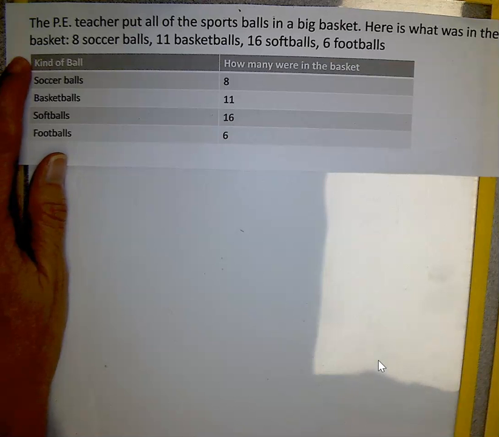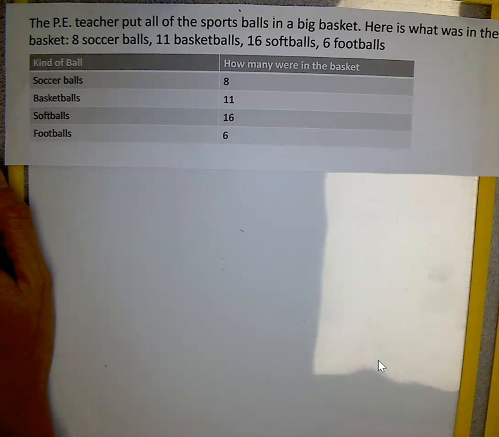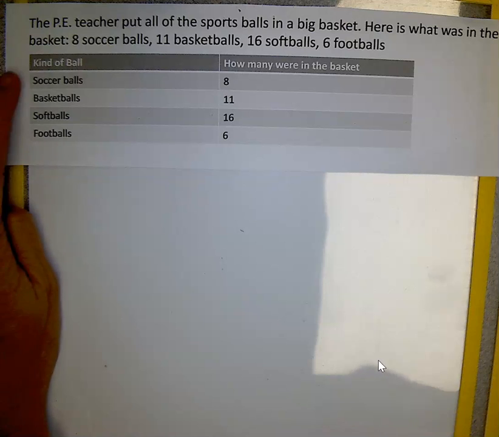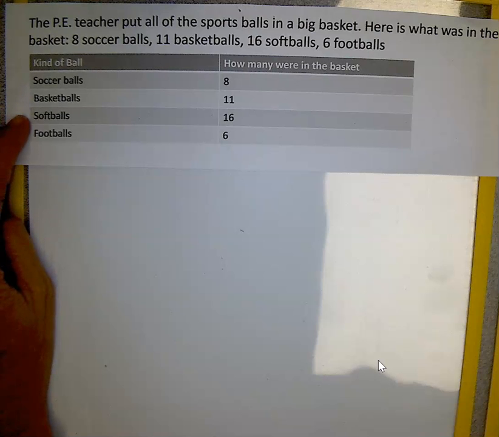The top part here says kind of ball. So I would expect in this column to see different types of balls. So let's see. Soccer ball, basketball, softballs, footballs.